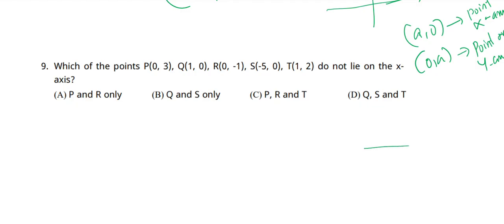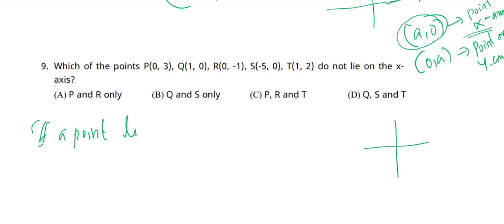If a point lies on the x-axis, you know it is of the form (a, 0), as we discussed in the previous question. So if a point lies on the x-axis, then the point is of the form (a, 0).